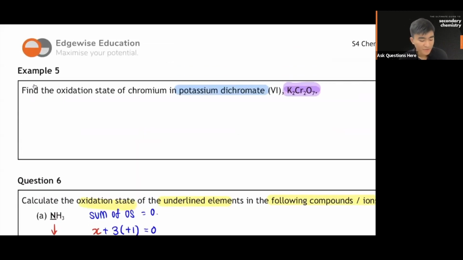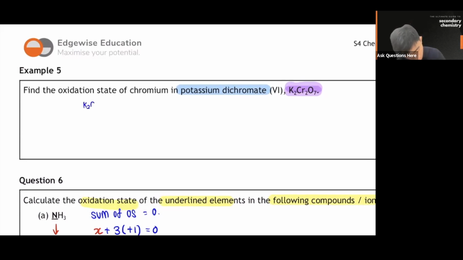I want you to try out example number 5 and type your answer into the chat. If you need any hints, you can look at the screen.